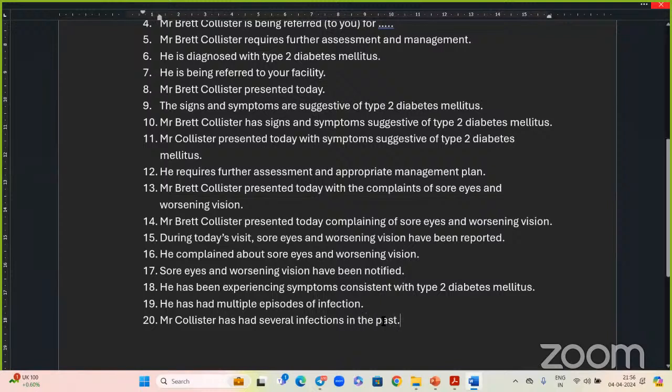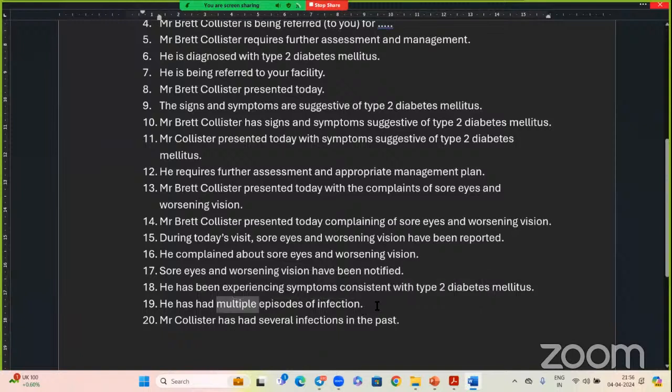Mr. Collister has had several infections in the past. Instead of several, I'm writing here multiple.